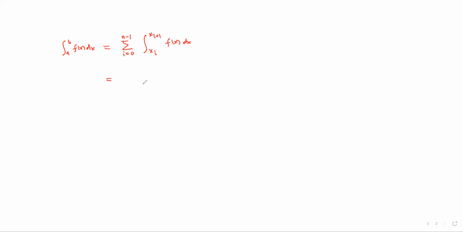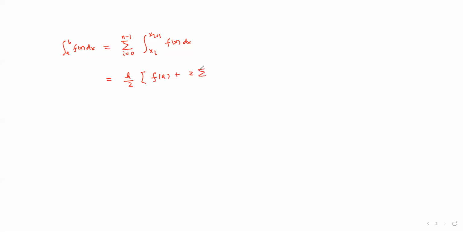Then we get this formula, h over 2. Simplify the result. And recall that we cut the interval AB uniformly, evenly. So we have this formula.